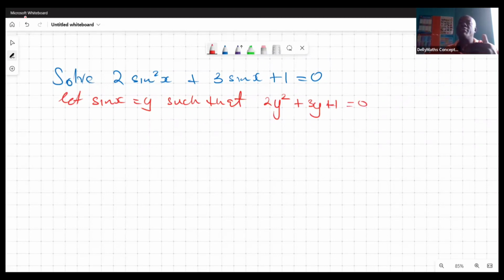So I could substitute sine x as y here and then rewrite this, and then I'm going to solve this regular quadratic equation for now.